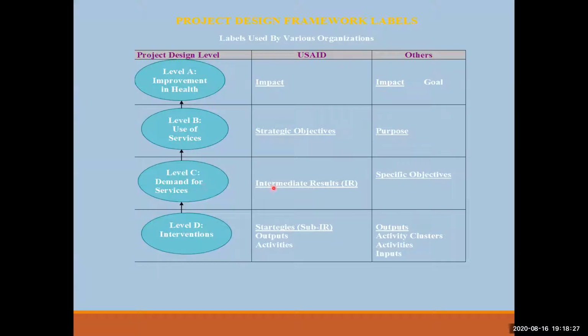Demand for the services, which is the requirement for the services, is the intermediate result, IR, or specific objective. And here the intervention, which is what you will do in the field, we call the strategy, activities, and output, input, activities, and activity clusters. Keep that in your mind. And also there are different organizations applying other terms, but we are talking generally about what they are applying.